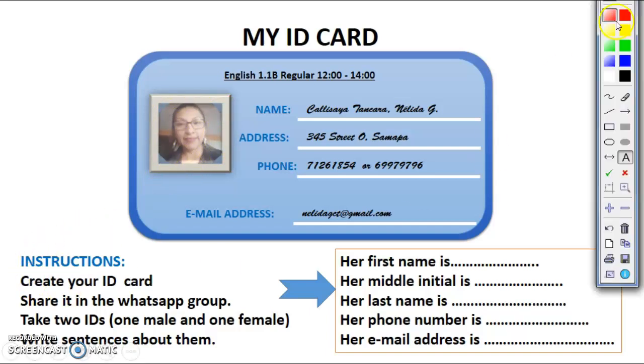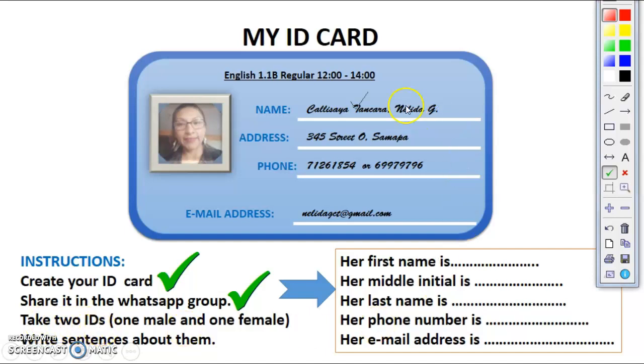Entonces, una vez que han creado su ID card, create your ID card, you share it in the WhatsApp group. Lo vamos a compartir en el grupo de WhatsApp. Una vez que lo hemos compartido, vamos a escoger dos. Take two IDs.